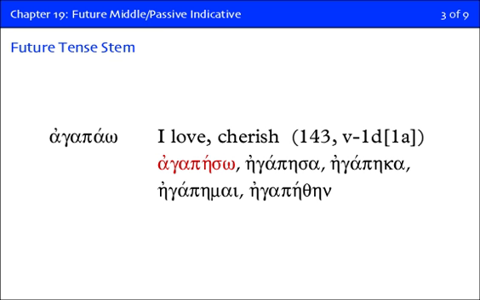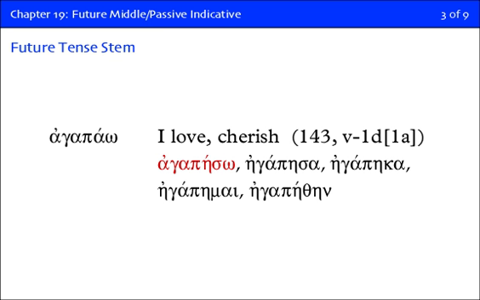How then do you know what the future active tense form is? It's simple. In the textbook, when I give you vocabulary, I will list the different tense forms for a verb. And it's the second tense form that's the future active. In other words, if you were to go to the back of the book and look up agapao, you would see agapao, there's your present active.